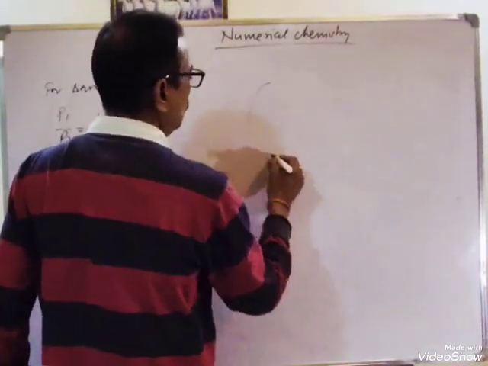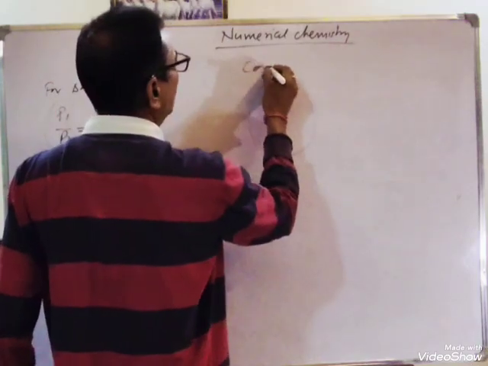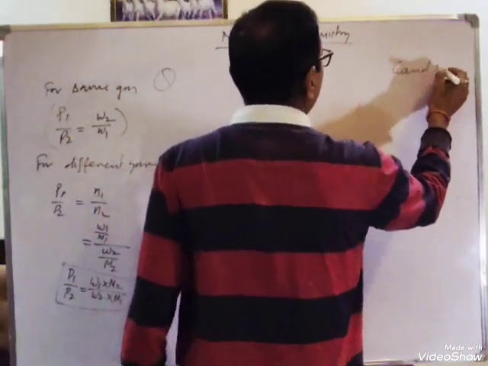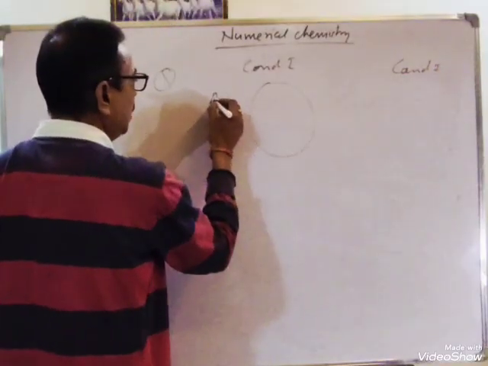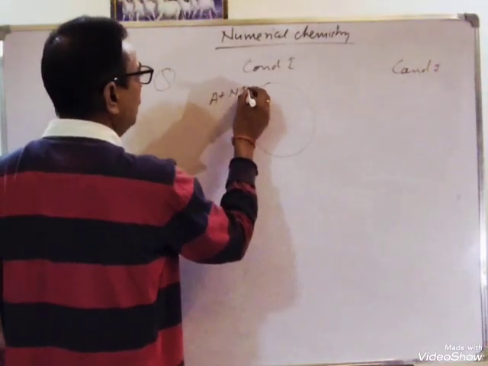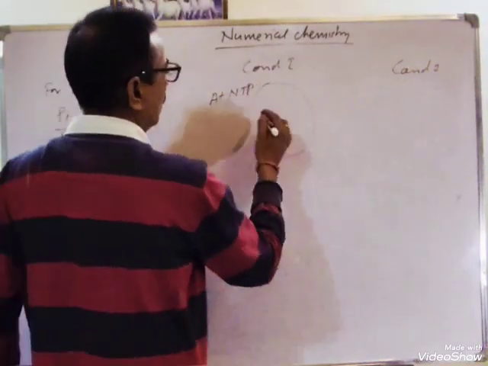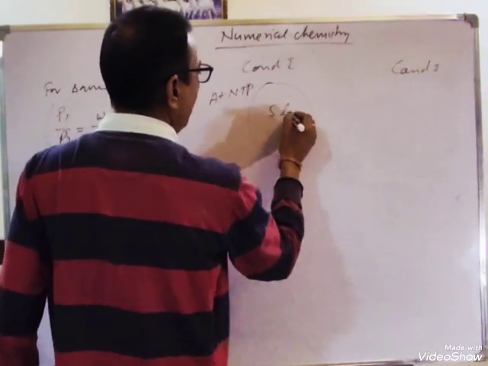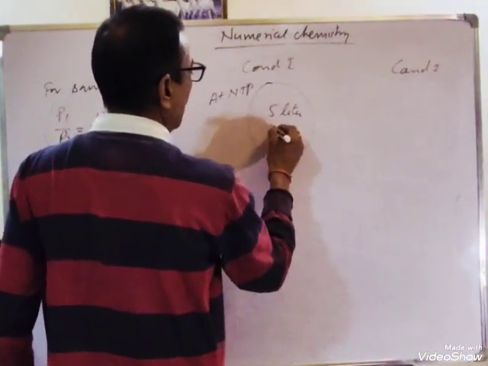This vessel, suppose first condition and second condition. First condition, at NTP, this is 5 liter nitrogen gas.